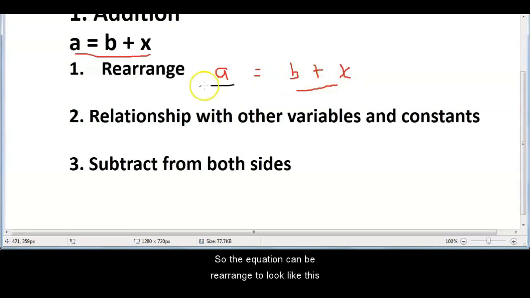So the equation can be rearranged to look like this. B plus X equals A.